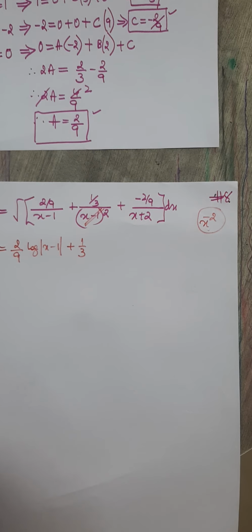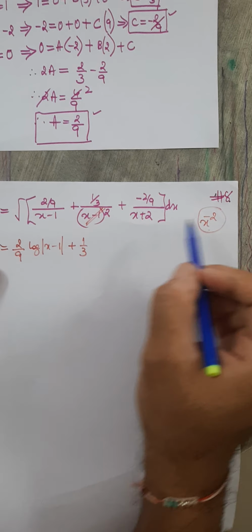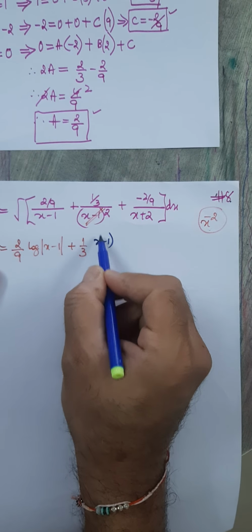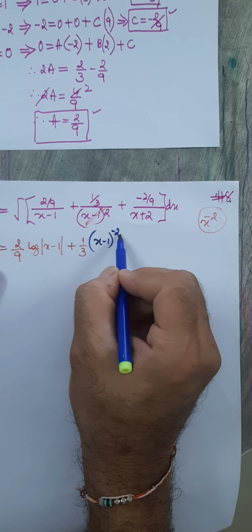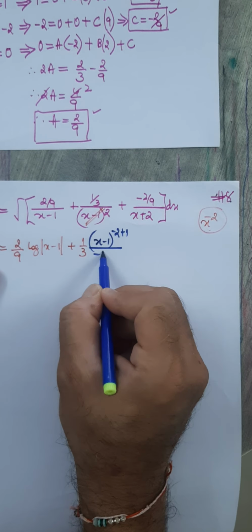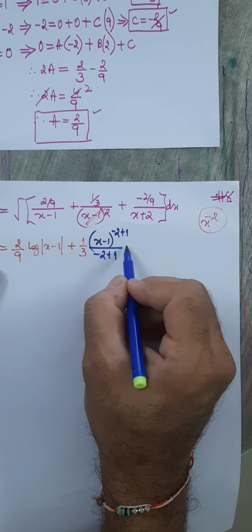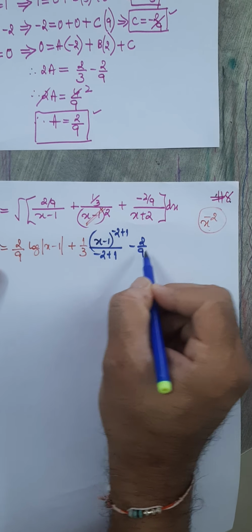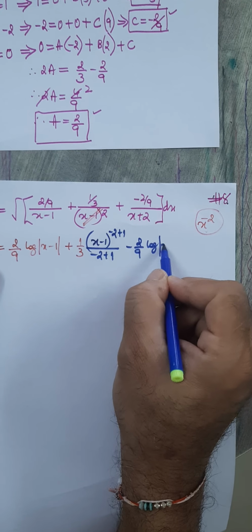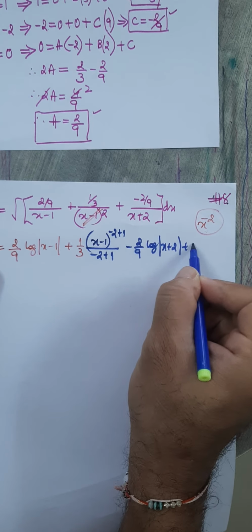What is the integral of x raised to minus 2? Raise the power by 1. So (x minus 1) to the power minus 2 plus 1 upon minus 2 plus 1. Not log of mod of, remember, because of the square. Minus 2 by 9 being constant as it is. Log of mod of x plus 2, plus c.